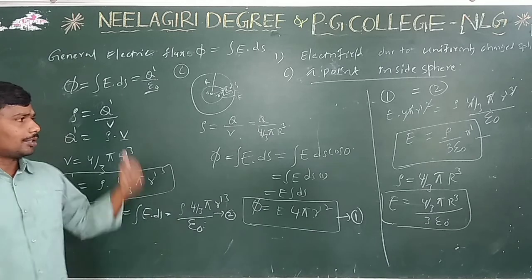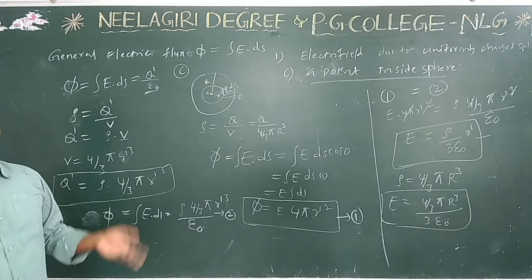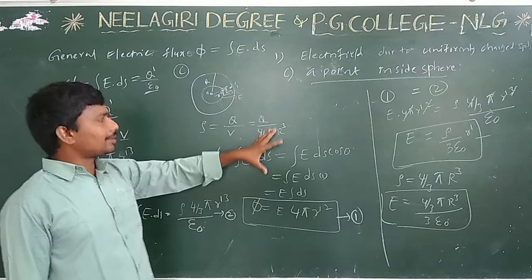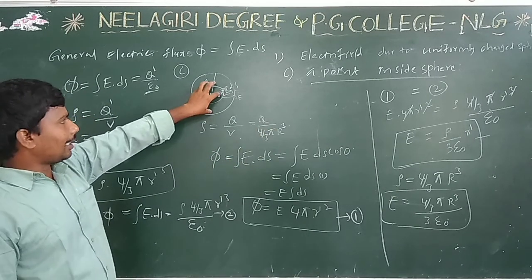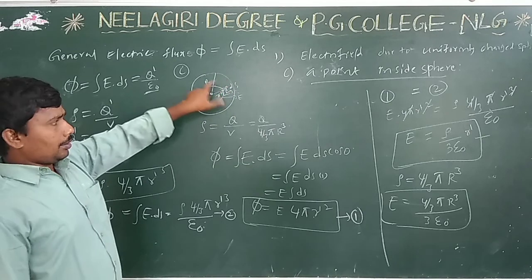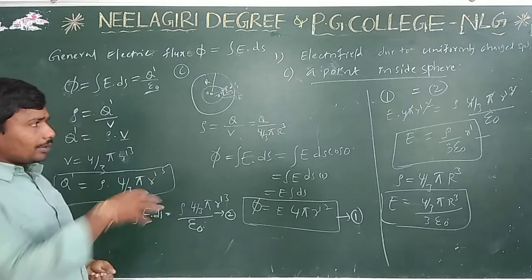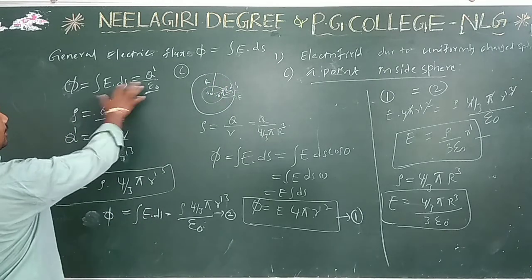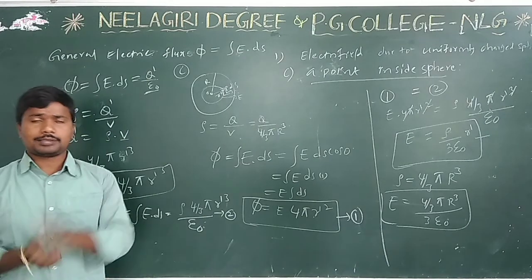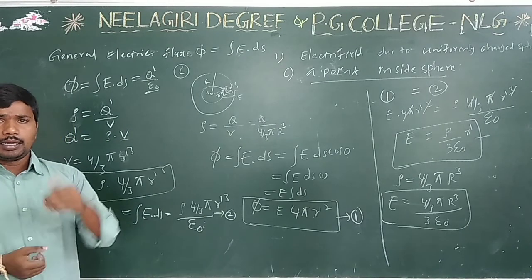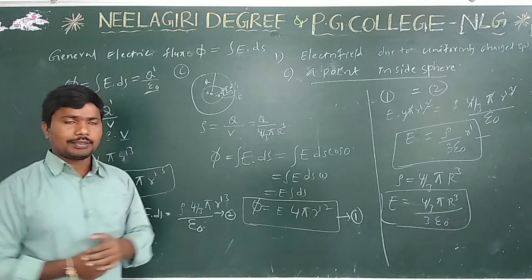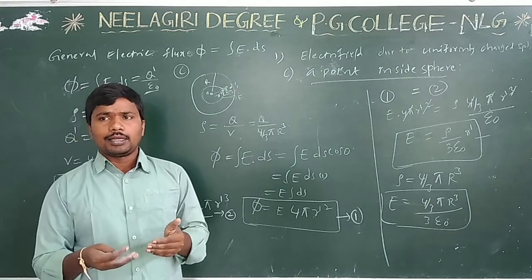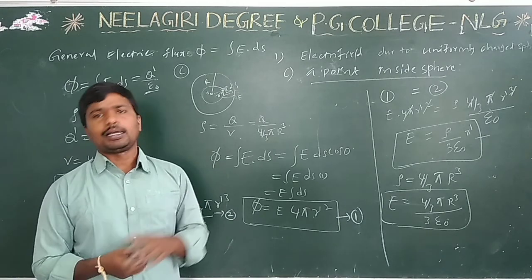For on the sphere, the small r is replaced by the capital R. But in the case of inside the sphere, we make some considerations here. Our Gaussian sphere is enclosed inside it. So first of all we find the general flux, and after that we write the Gaussian flux. Both are equal, and we simplify and get our answer.